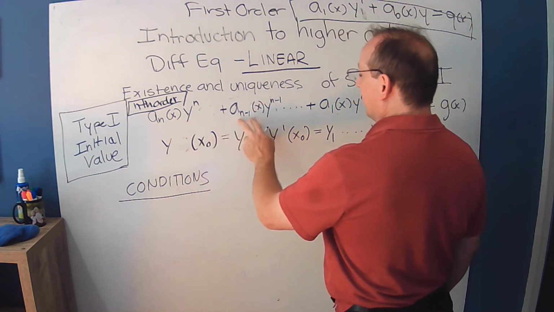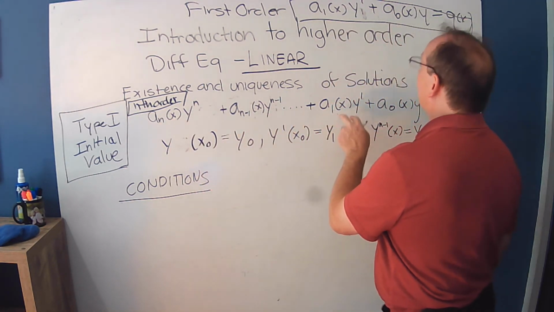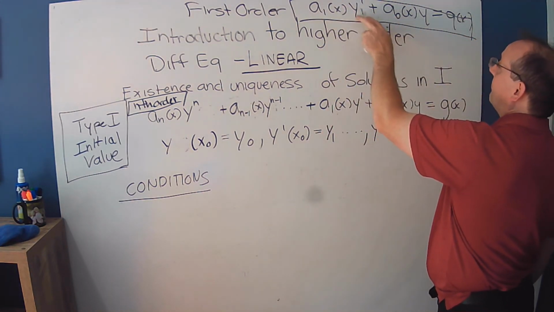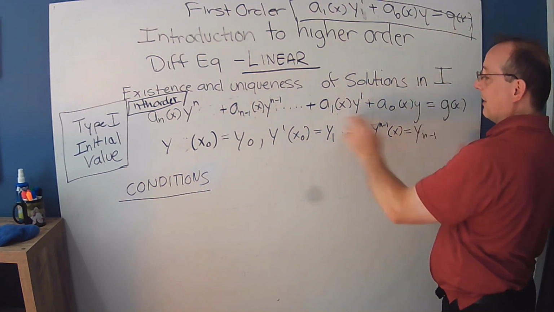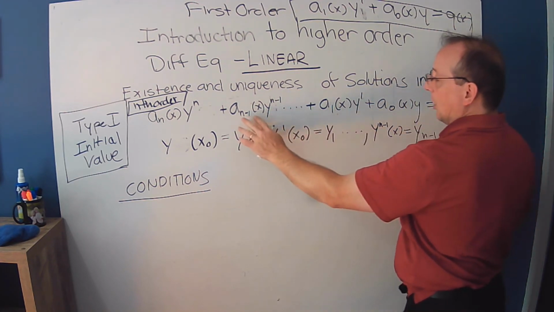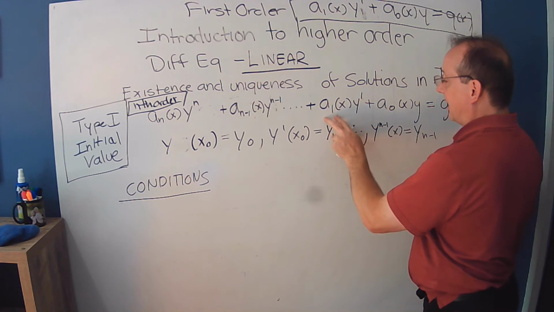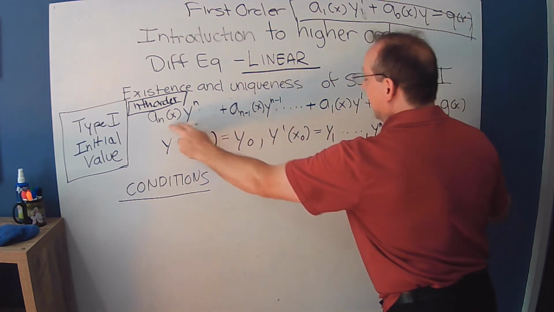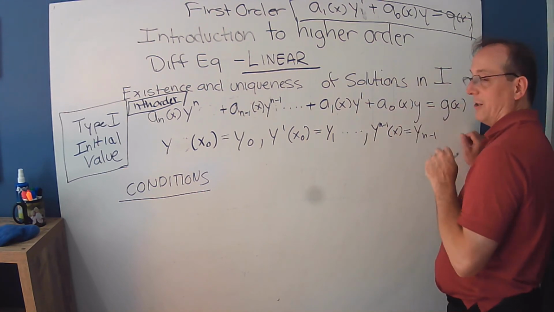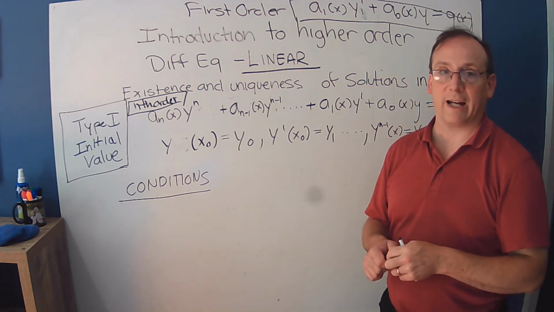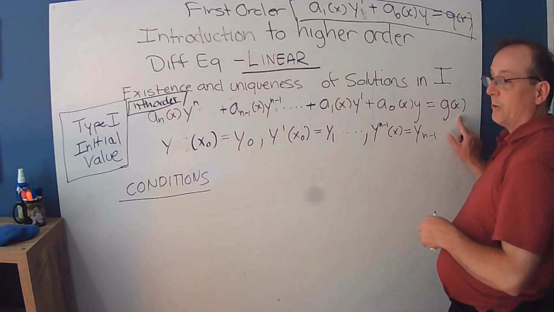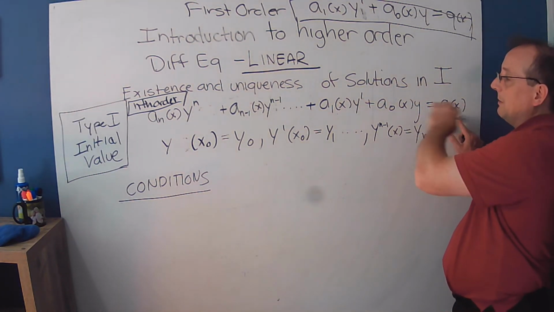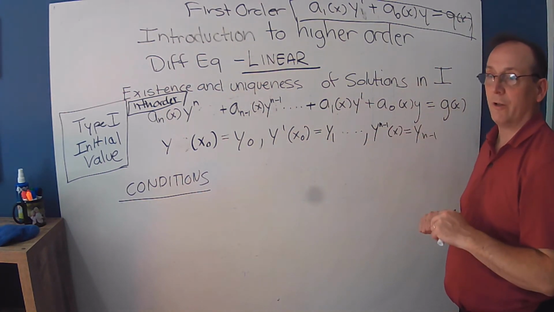And we have coefficients in the independent variable in front of these, just like before. All these are only in terms of x: a_n(x), a_{n-1}(x), all the way down to a_0(x), each only a function of x, and equals at most some function of x. So this is what we mean by a linear nth order differential equation.